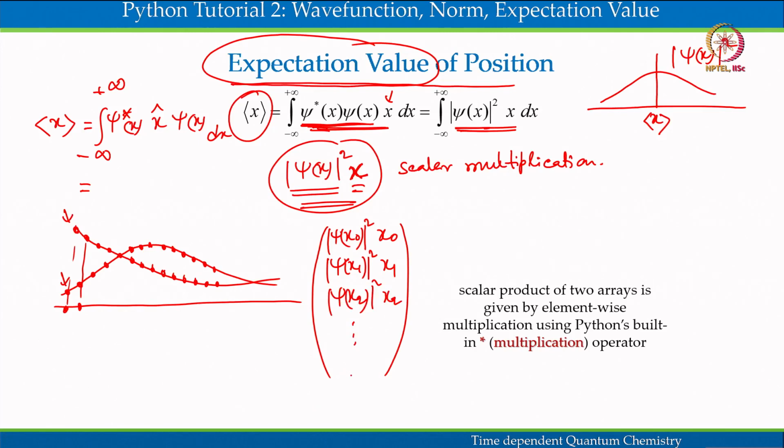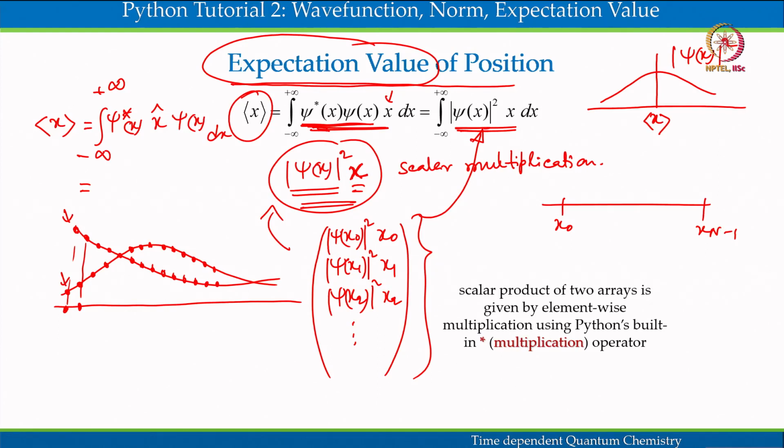And x naught is the grid point. The initial grid point was x naught, the final grid point was xn minus 1. So these are the points we get in the probability density distribution. This is the array we create by this multiplication, and this is the array we will use as the Y array for the integration following Simpson's method.